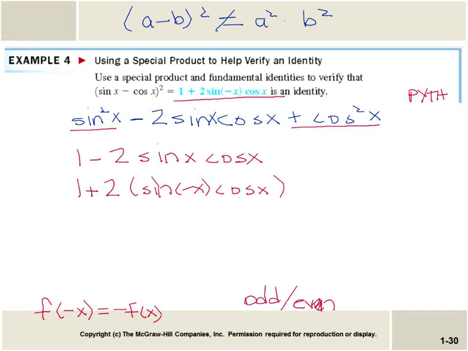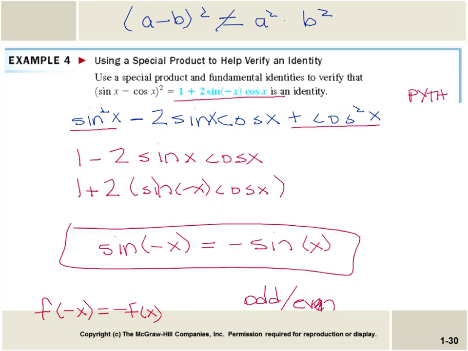And that's because of odd and even. Because the sine of minus x is equal to minus sine of x. You see that, Michael? Michael T. Okay, so the reason I can go from here to here is because of odd even. Does everybody see this? Is there any questions about this?